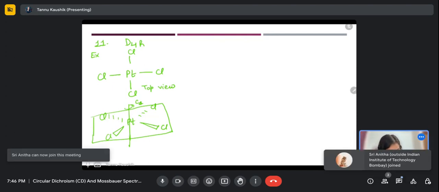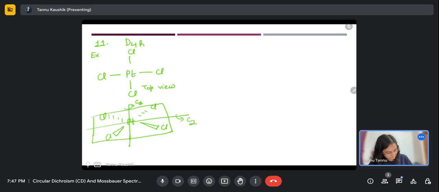And then we will have four C2 axes. Also we will have 4 sigma V. So this is the D4H point group example, and other examples are cyclobutane.